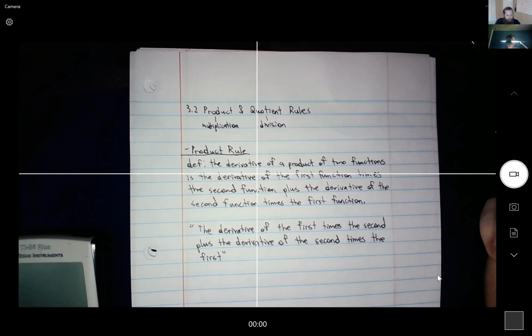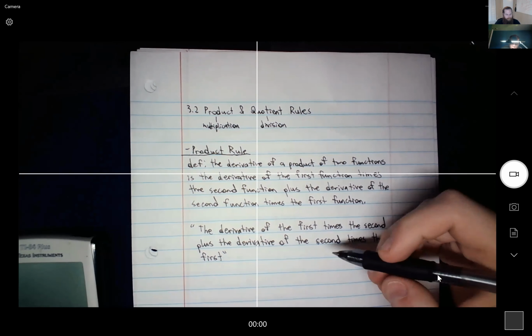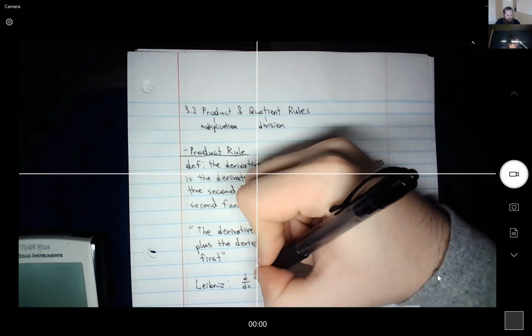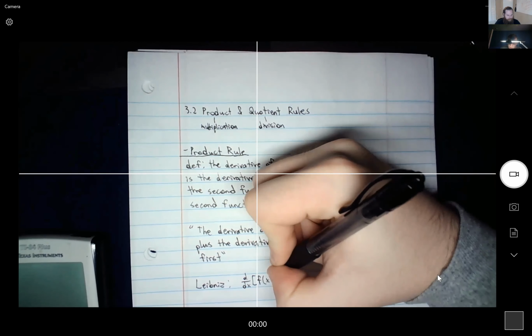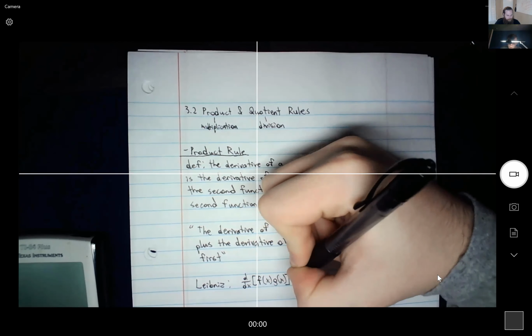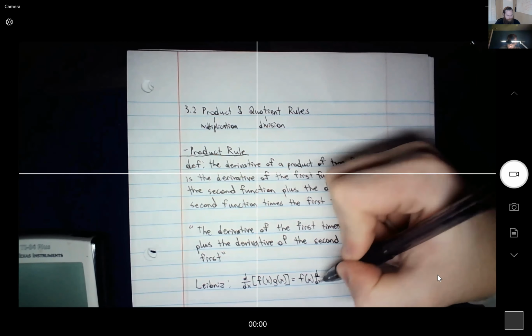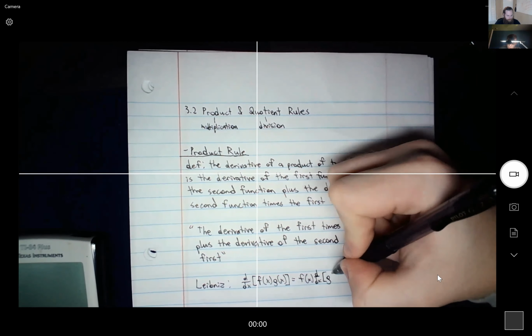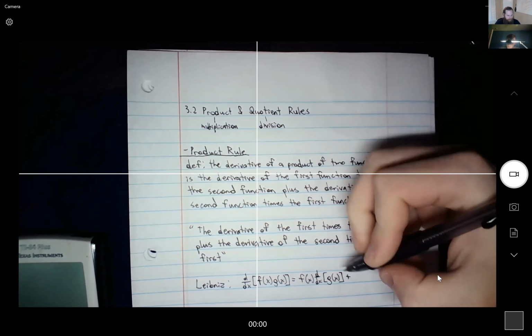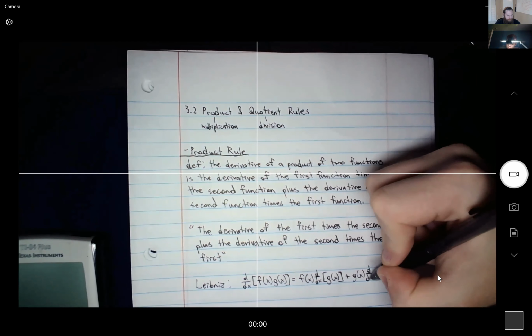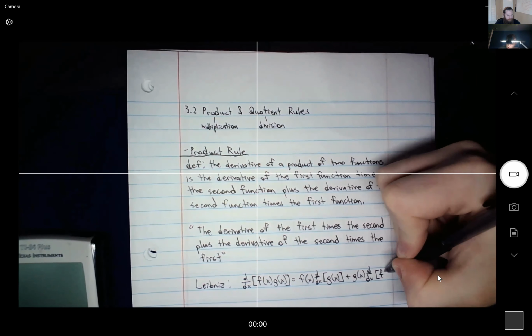There are two ways that this rule can be written. There is the Leibniz notation, which can be written as such: d over dx of f of x times g of x equals f of x times the derivative of g of x, plus g of x times the derivative of f of x.